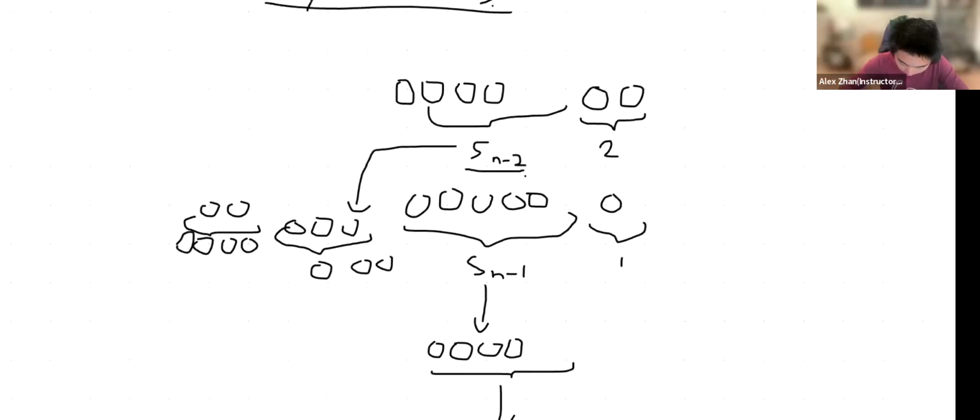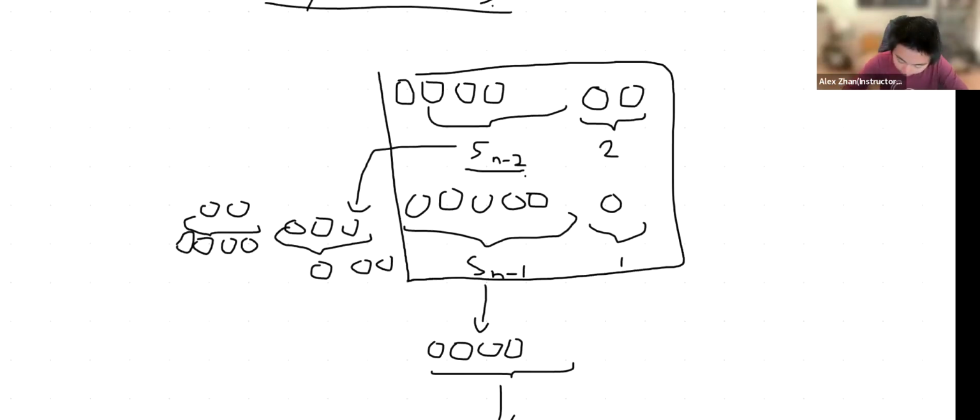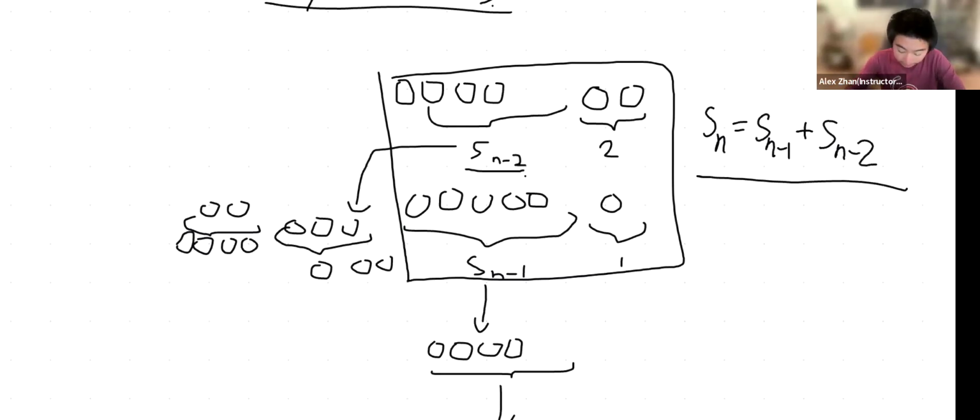We will just stop over here because this gives us that Sn equals Sn minus 1 plus Sn minus 2. As you said, there are only two possible last moves you could have done. Your last move could have been either one step forward or two steps forward, and those two cases correspond to Sn minus 1 and Sn minus 2.